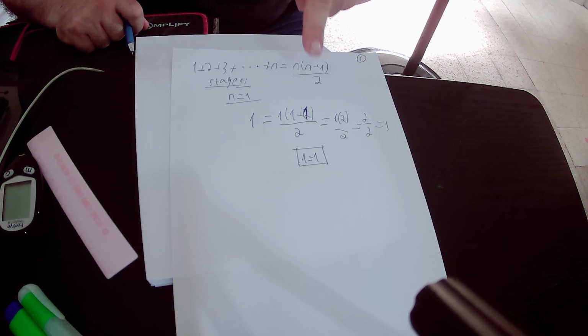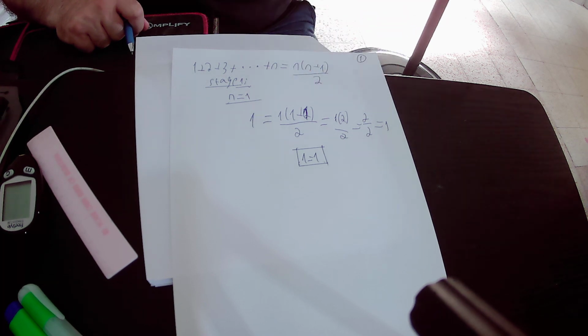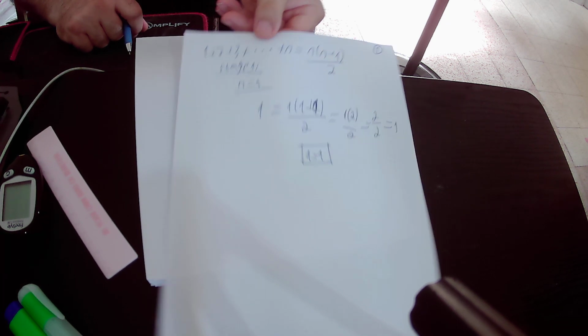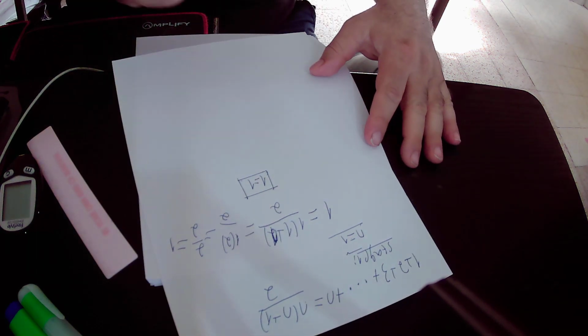So it is 1 times 1 plus 1 divided by 2 equals to 1 times 1 plus 1 is 2, so it is 1 times 2 divided by 2. 1 times 2 is 2, 2 divided by 2 is 1, so 1 is equals to 1. So we passed the test, and we actually verified that this statement is true for n that equals to 1. So now we can go to the second stage.